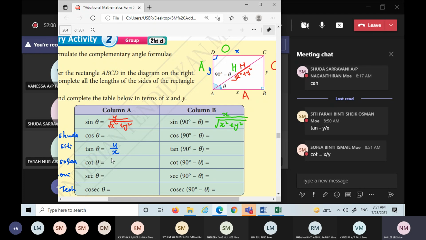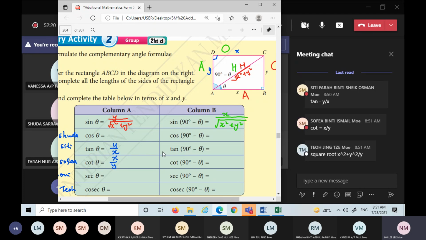Cotangent is the inverse of tangent, so x over y. Thank you, Sophia. Dion says cosecant is the reciprocal of sine, so square root of x squared plus y squared, over y, correct?